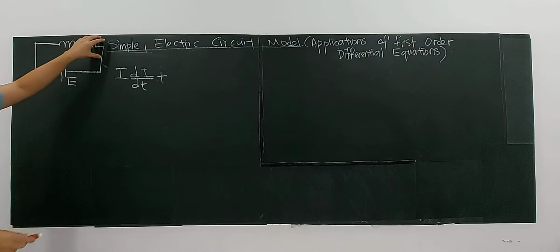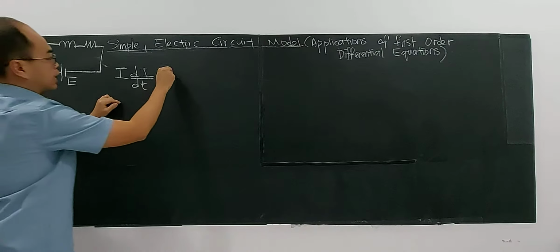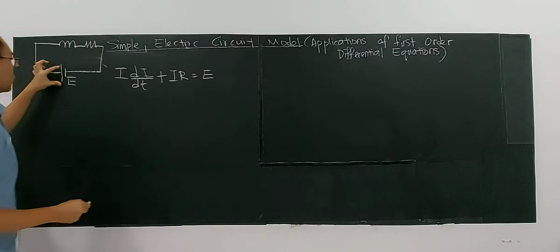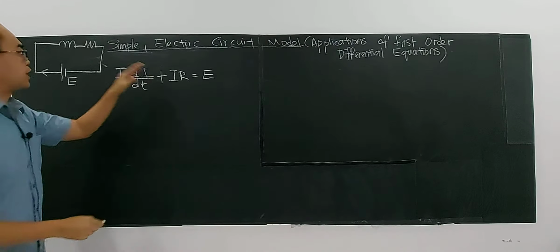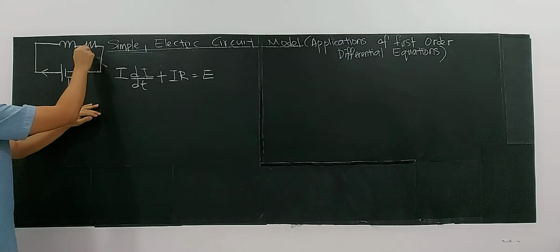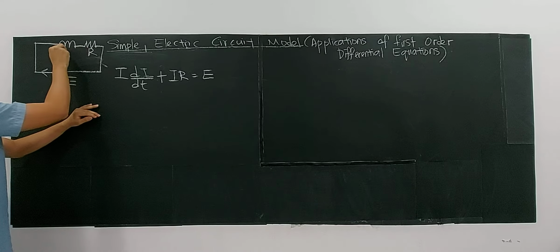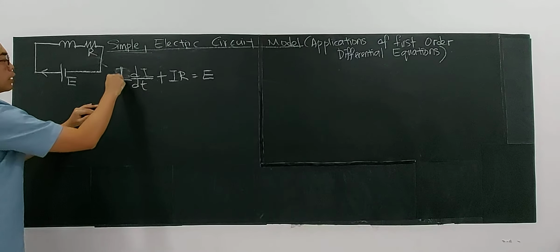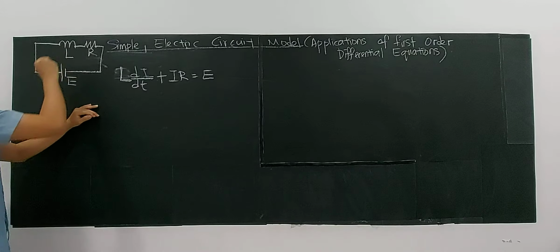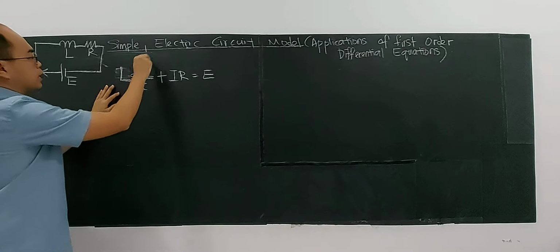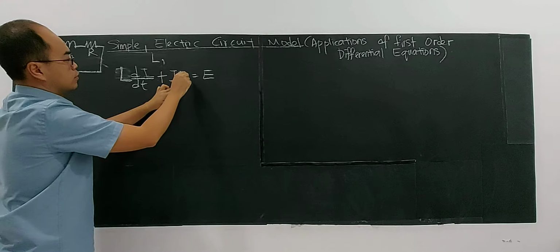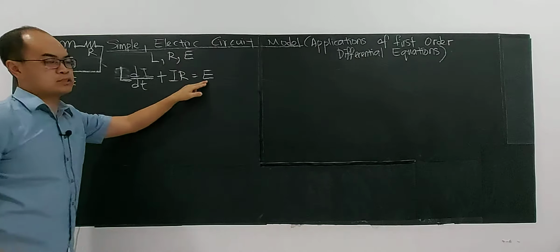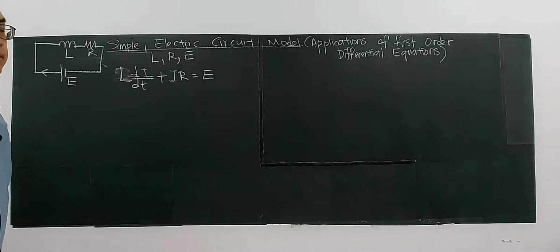The voltage drop across the inductor is L di/dt, added to the voltage drop across the resistor, IR, which equals E, where E is a constant. The resistance R is constant, the inductance L is constant, and the voltage supply is constant.